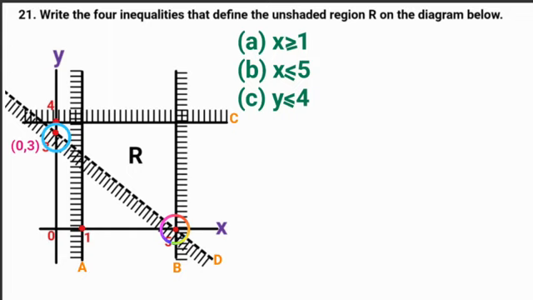This line is crossing the x-axis at the point with coordinates (5, 0). Okay, so these are the coordinates.